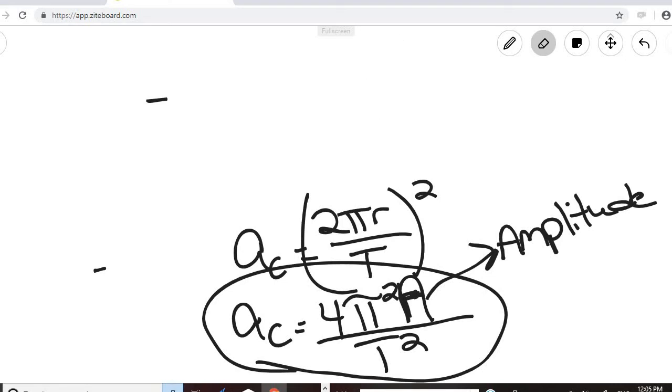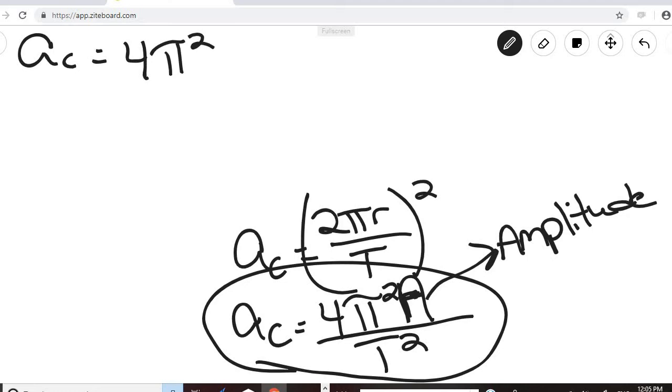What we have is that centripetal acceleration is equal to 4 pi squared times the amplitude divided by T squared.